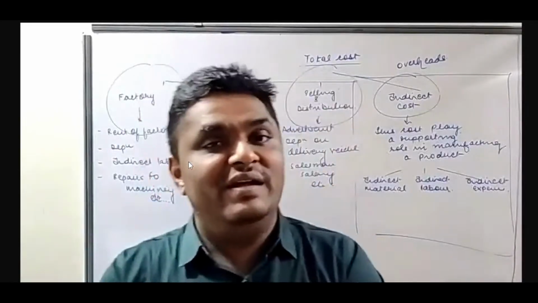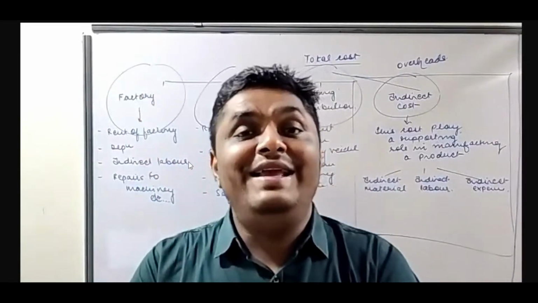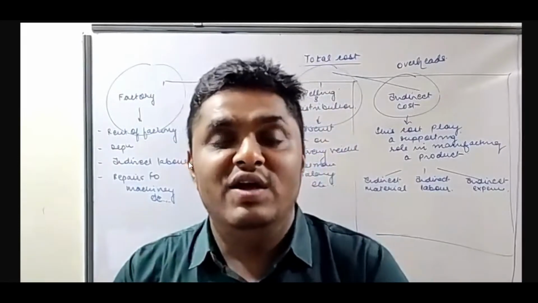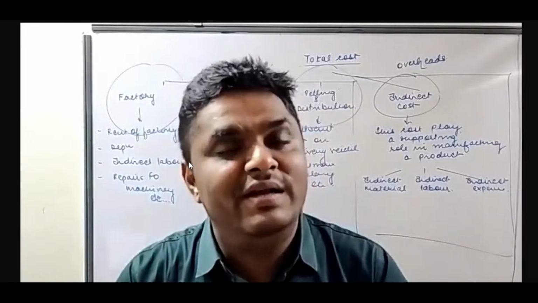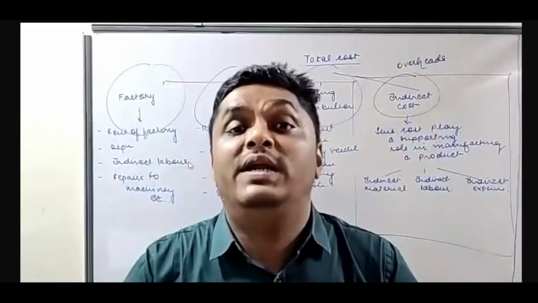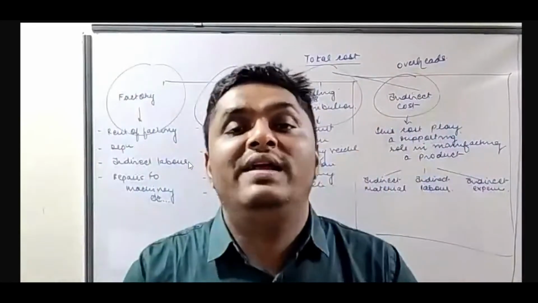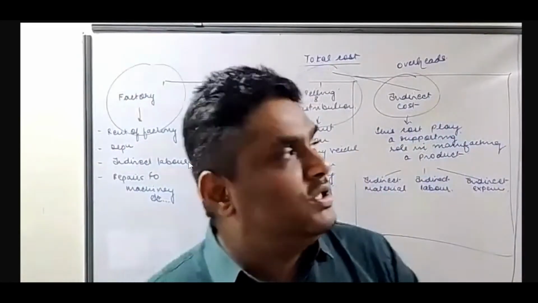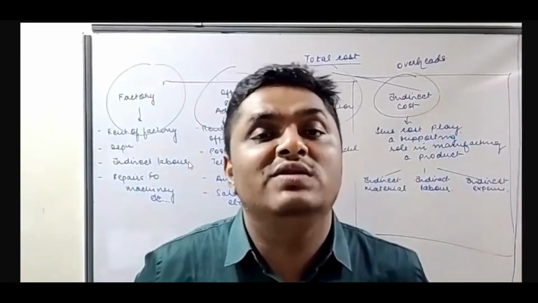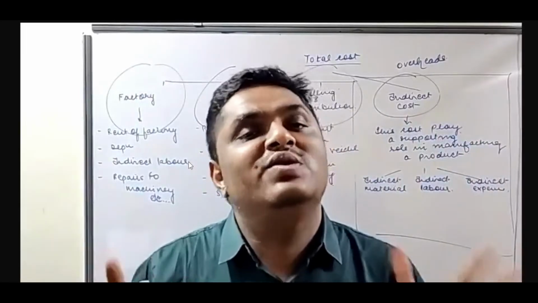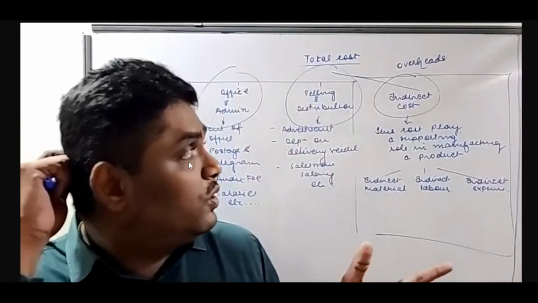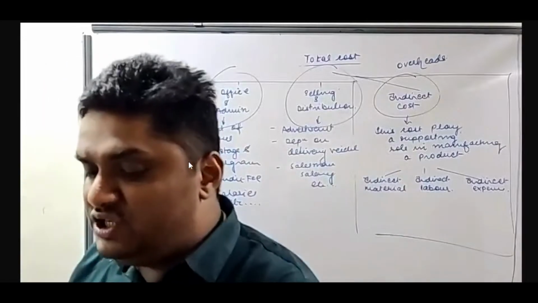Cost sheet is a statement wherein we systematically arrange all the expenditures that are incurred in relation to a product, to calculate the cost of the product. A cost sheet is a statement in which we systematically arrange the expenses for a particular product. This is all about cost sheet. So all these direct and indirect costs are systematically arranged in this cost statement, and that statement is called cost sheet. If you have any doubts till now, you can please post your queries. Those who want to copy this explanation can please copy.